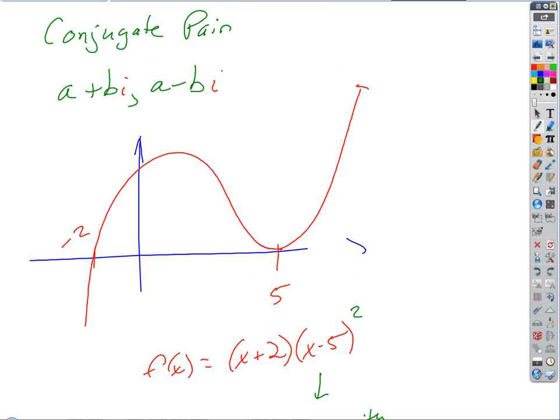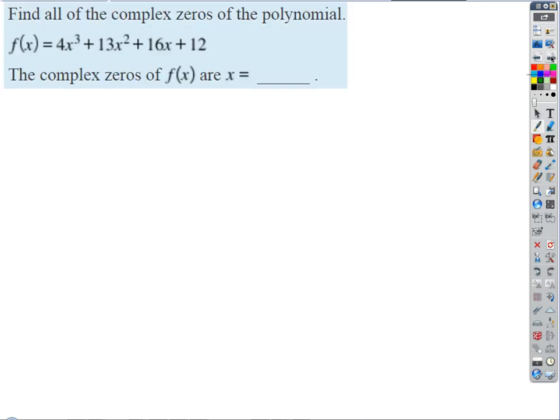Okay, let's try one more of these guys. How about something like that? We want to find all the complex zeros of that polynomial. How many complex zeros, Dalton, is that one going to have, guaranteed? What's that? How come? What determines how many complex zeros we have?